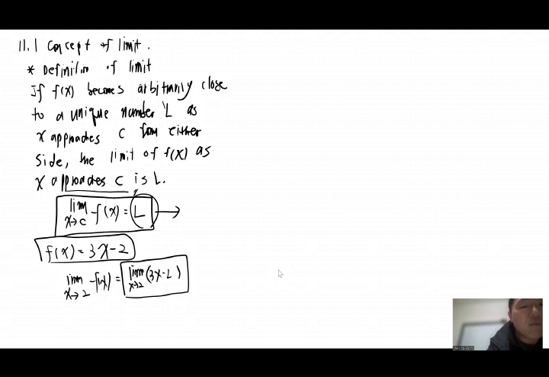If x goes to and gets close to the number 2, you will see what number the limit case of f(x) becomes.